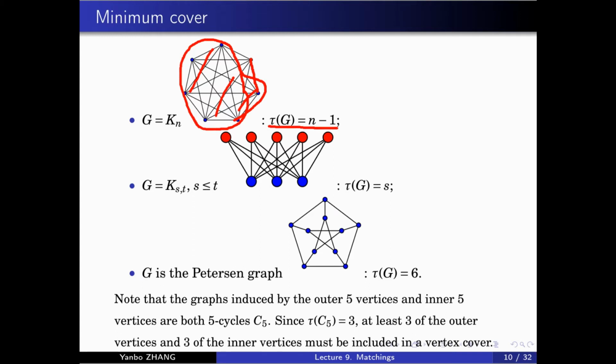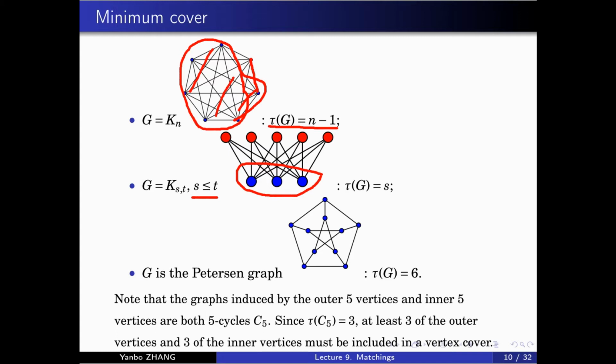In the complete bipartite graph K_{S,T}, here S is less than or equal to T. If we delete all the S vertices in the second part, it becomes an empty graph.